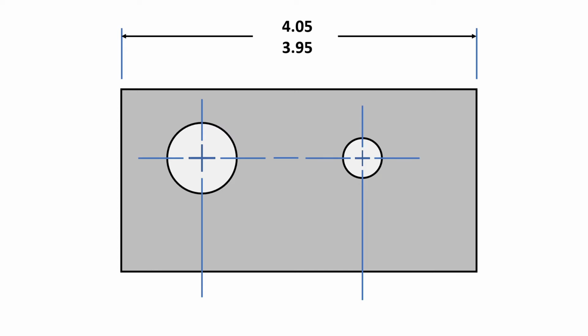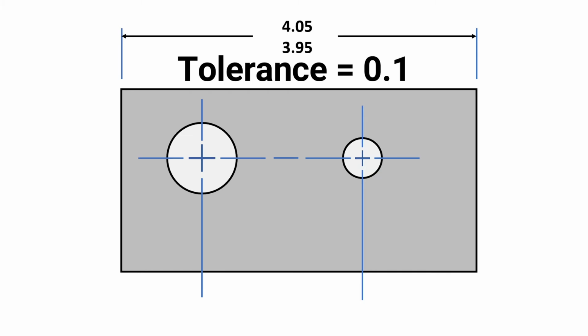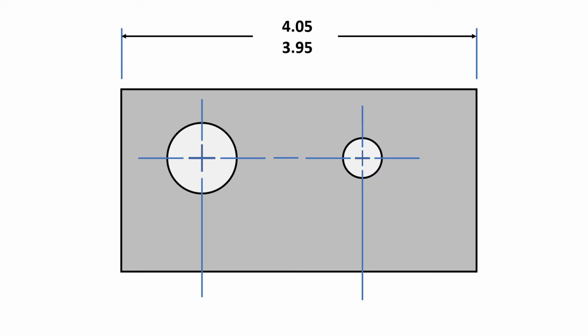So if I said to you 4.05 is the largest we can make this overall length, and 3.95 is the smallest, what is the tolerance? Well, the tolerance is the total permissible variation. Therefore, it's 100 thou, right? The tolerance on this overall length is 0.1 because it can be 50 thou bigger or 50 thou smaller. So it has a total permissible variation or a tolerance of 100 thou.